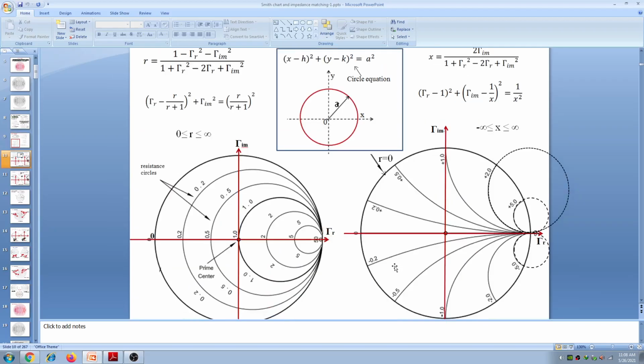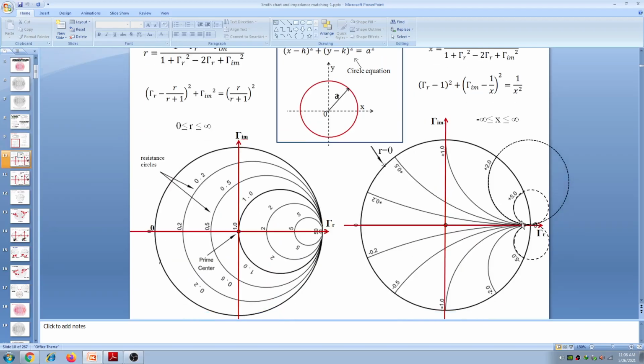Compared to the R equal to 0 circle I showed here, these are arc-type circles. If you extend them, they will form a full circle like this, but on the Smith chart we can observe only this part, because the Smith chart is only up to here.